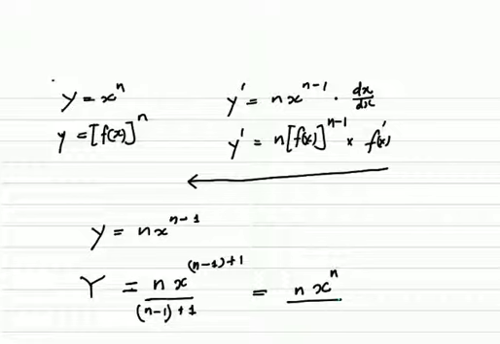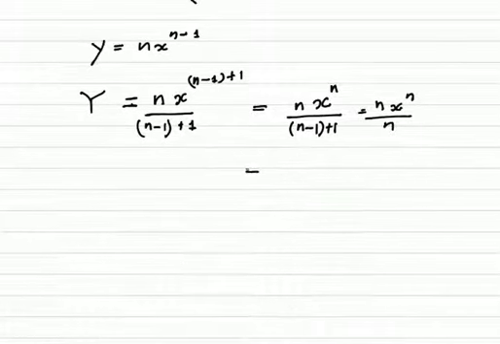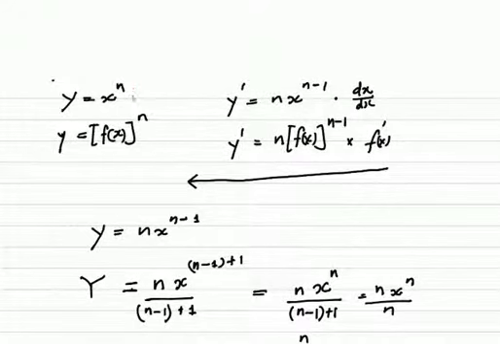Then in the denominator I would have n minus 1 plus 1, which also when simplifying I get n x to the power n over n. In the final analysis I've got my answer as x to the power n, which means that I arrived exactly where I started by reversing this differentiation.